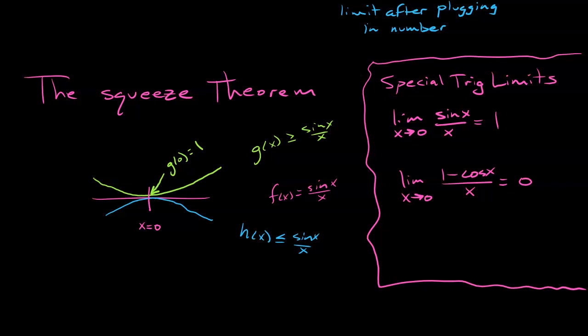And h of x, if I plug 0 into h of x, I get an answer of 1. The squeeze theorem says that if the equation above yours has an answer of 1 and the equation below yours has an answer of 1, then you obviously have to be squeezed in between them at an answer of 1.